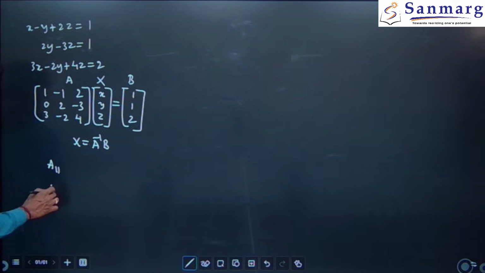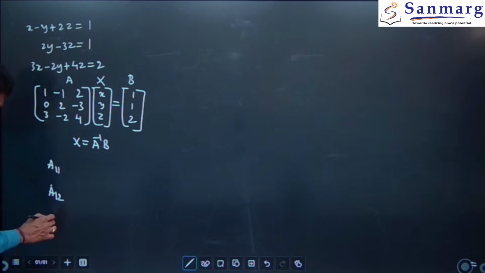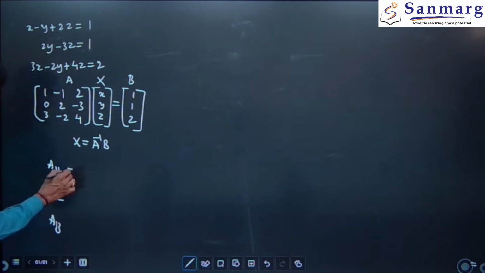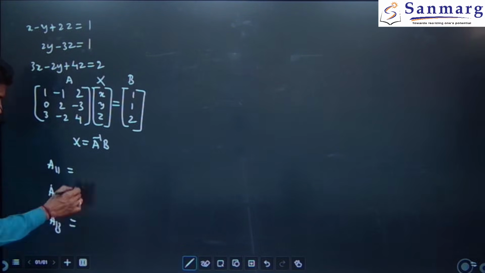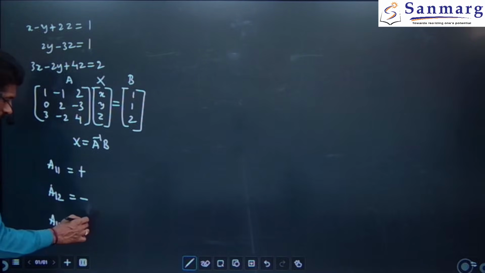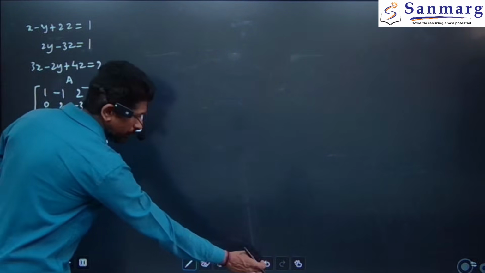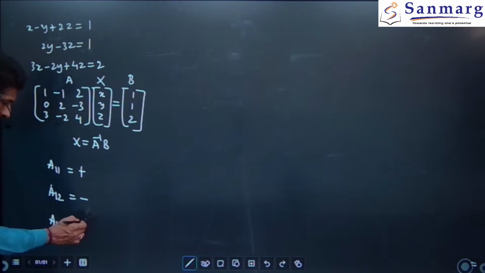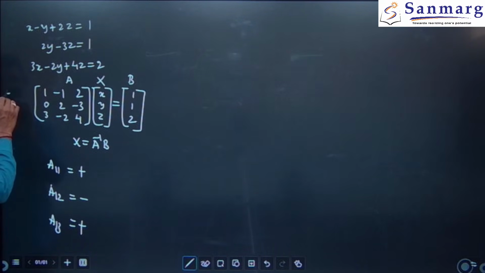Cofactor of A12, cofactor of A13. This is nothing but the first row cofactors. The sign of the first row is always plus minus plus. The second row is minus plus minus, the third row is again plus minus plus. Taking the sign of the individual element, you have to find out the cofactors now.